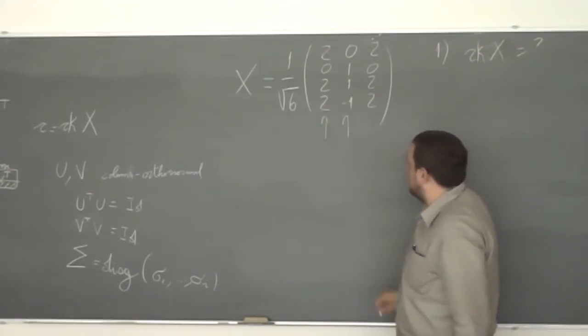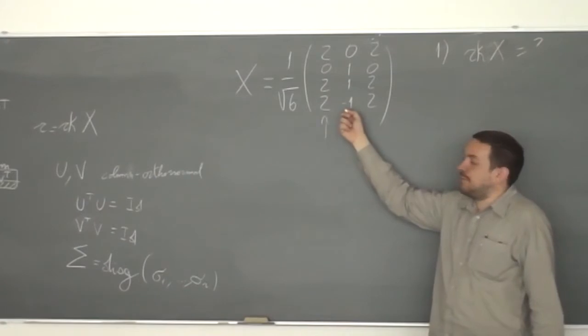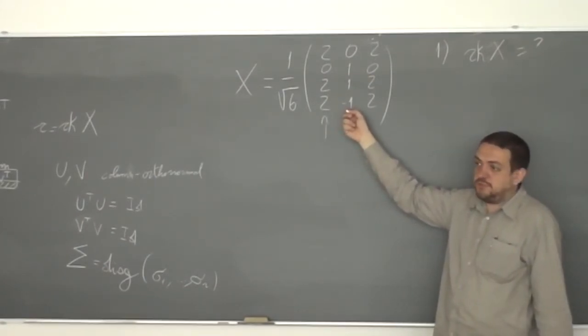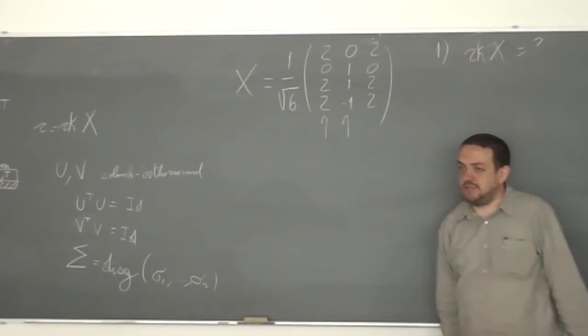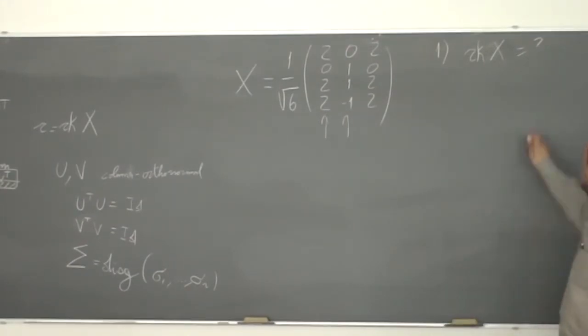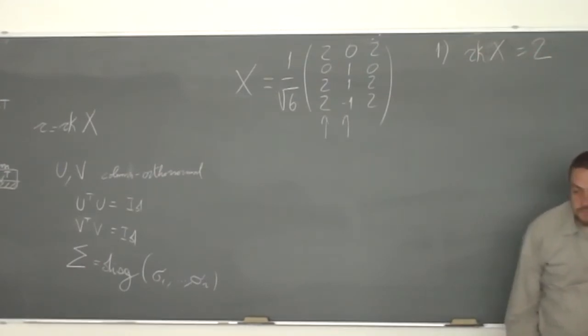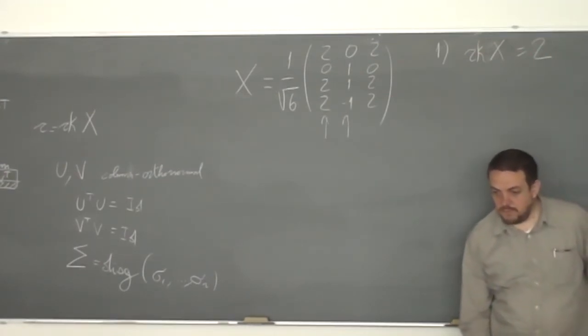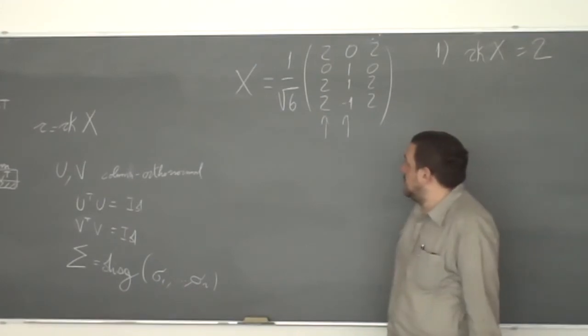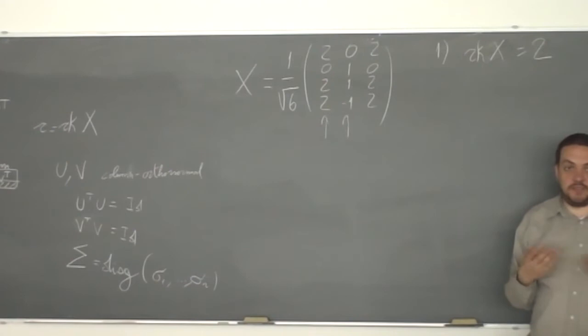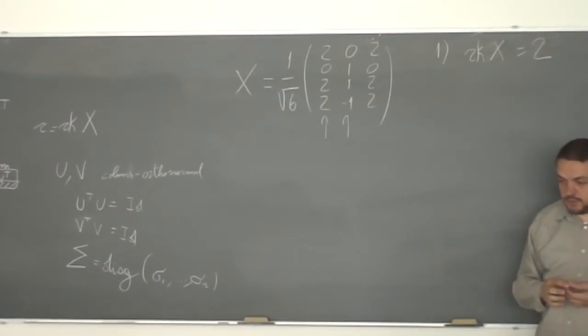But if you focus on these 2 columns, you see that they are not proportional to each other, which is the only possible way to have 2 linearly dependent columns. So the rank of our matrix is actually 2.